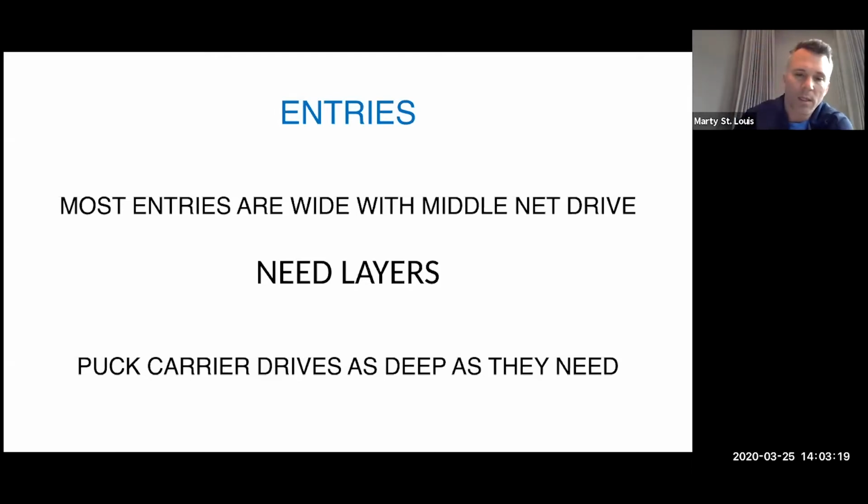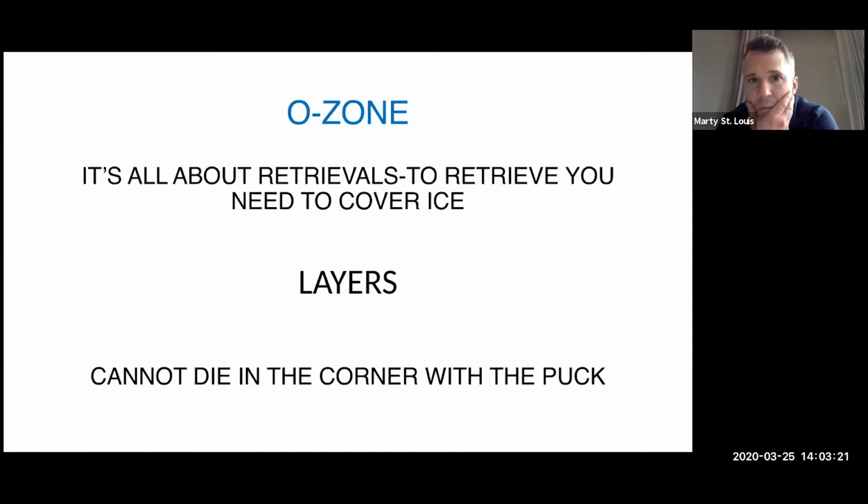And the ozone, to me, obviously a good ozone usually starts from entries or winning a face-off in the offensive zone, but we're talking about entries today. A lot of the ozone time, to me, is all about retrievals. You have teams that possess a lot, but they don't generate enough. So a good ozone is two or three passes and a shot, retrieve.